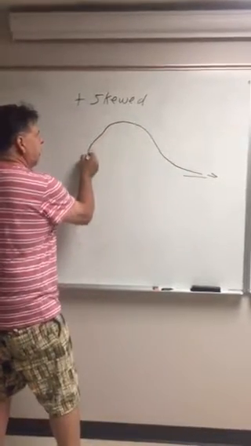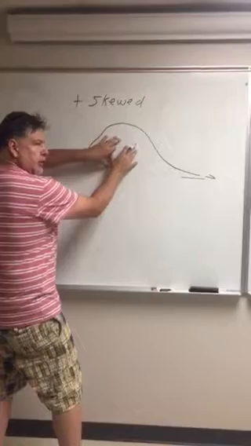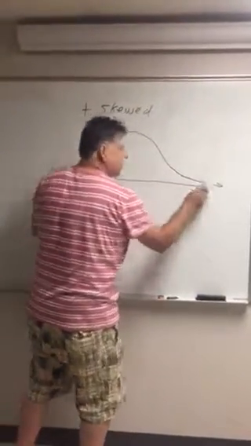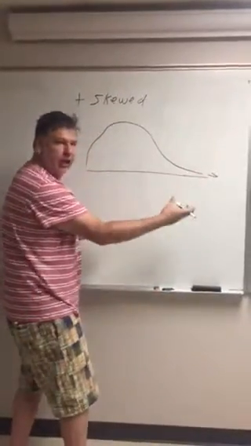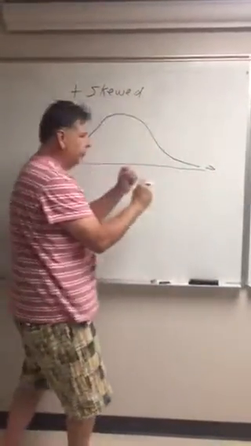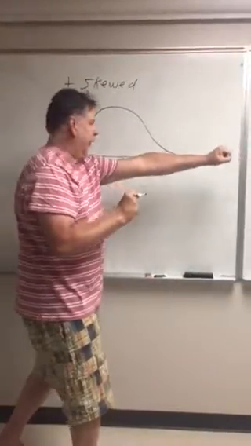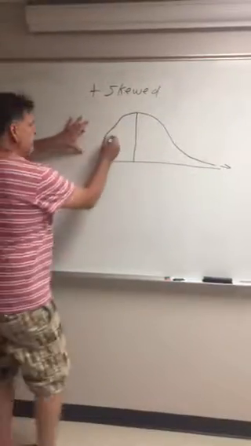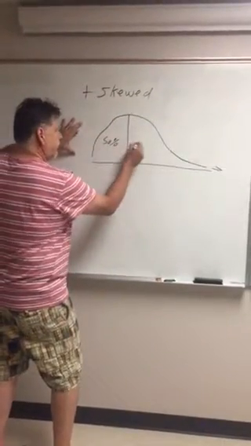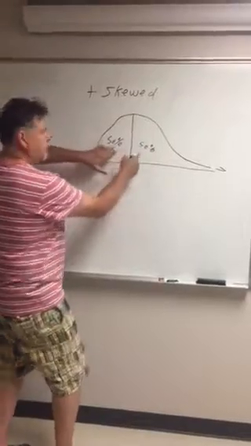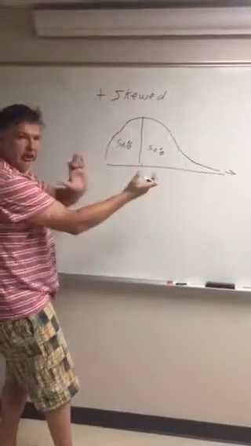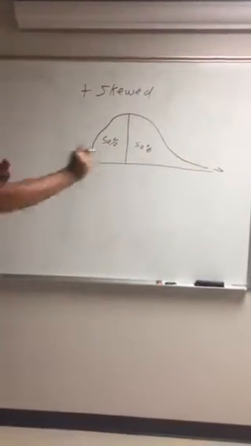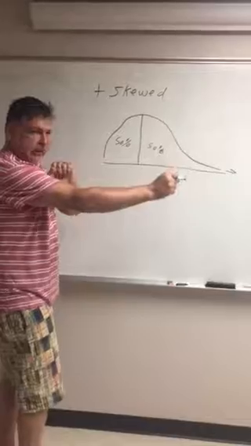So the majority of my distribution is going to be over here, with extreme scores or outliers that we already talked about pulling the distribution in a positive way. So I'm going to have a median that splits the distribution into two halves, 50% and 50%. My mean, however, is going to be pulled in the direction of these extreme scores.